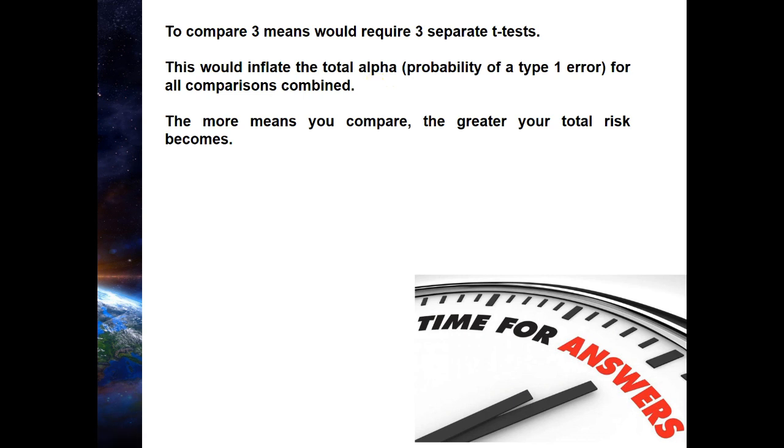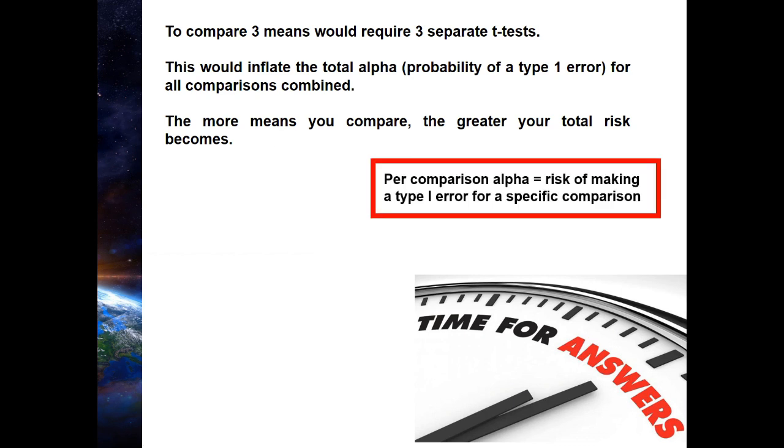So if we want to set alpha at 0.05, it means that we're setting it at 0.05 for each individual t-test. But by the time we've done 3 t-tests, the total risk of making a type 1 error, the total probability, is going to exceed that 0.05 level. And in fact, the more means you are comparing, the more t-tests you're going to need. And that means that you're going to inflate the total risk of a type 1 error even more. So it just gets worse and worse and worse.